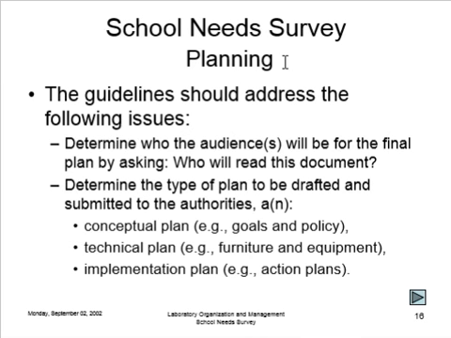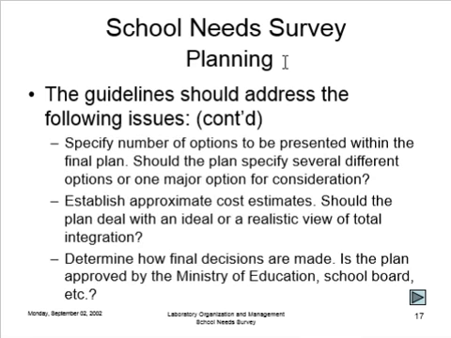Two, determine whether a conceptual plan, for example, goals and policy, a technical plan, for example, furniture and equipment, and/or an implementation plan, for example, action plans, should be drafted simultaneously or separately and submitted to the authorities.